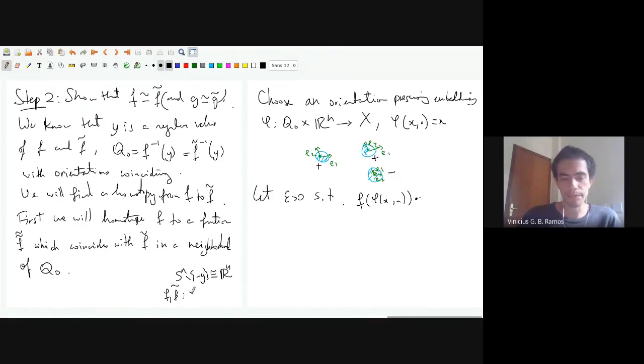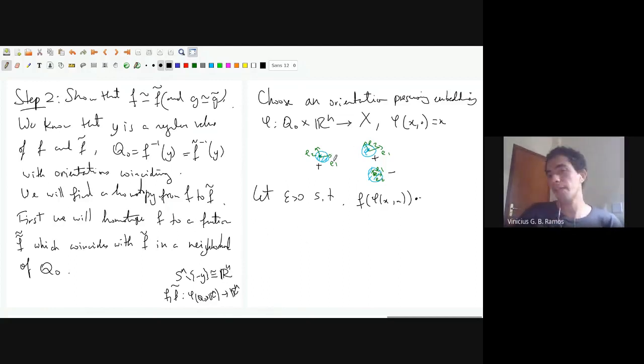So in this image of Q0 times Rn, I can compose this with the stereographic projection. I don't know, maybe that's easier to do. But anyway, I don't want to change my notes.